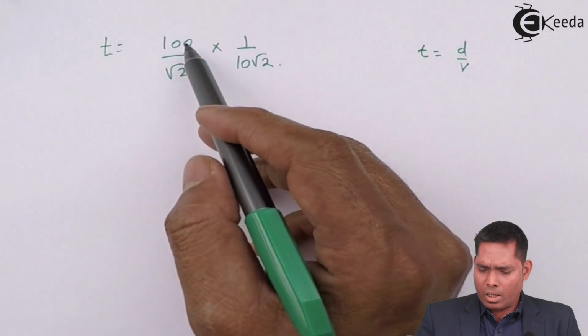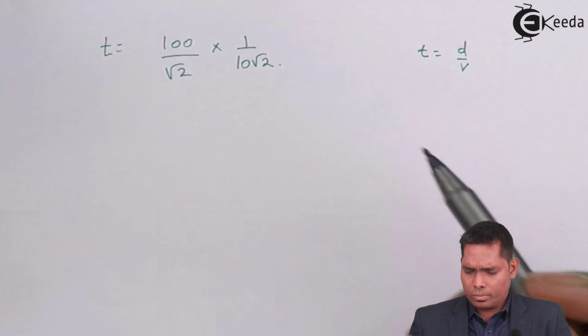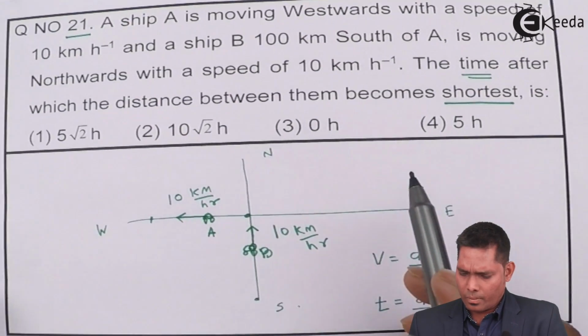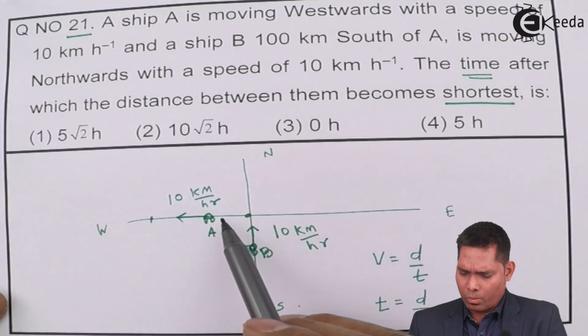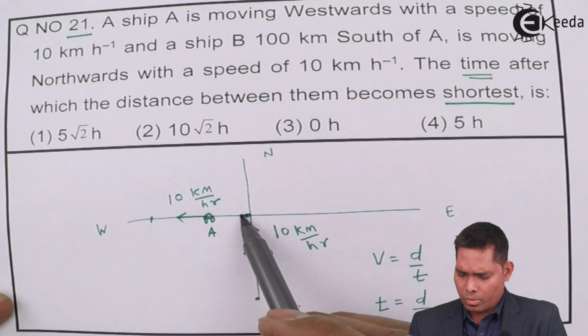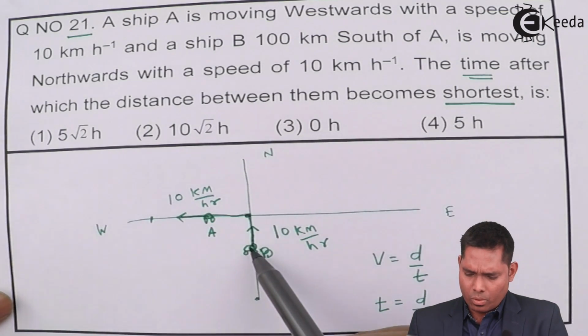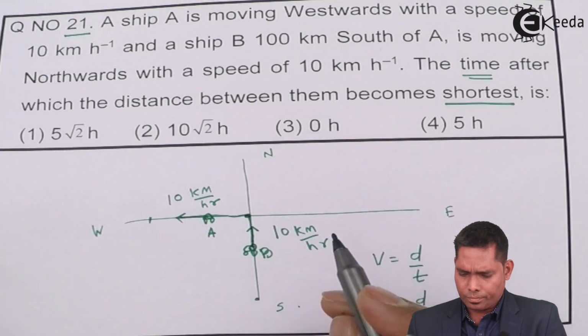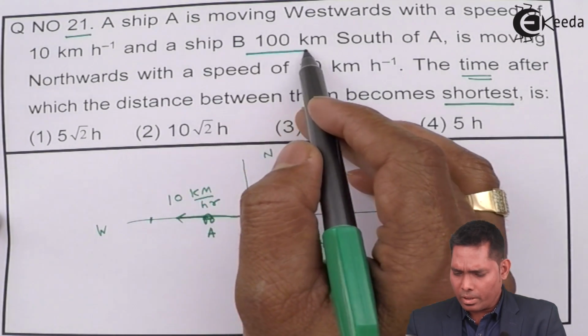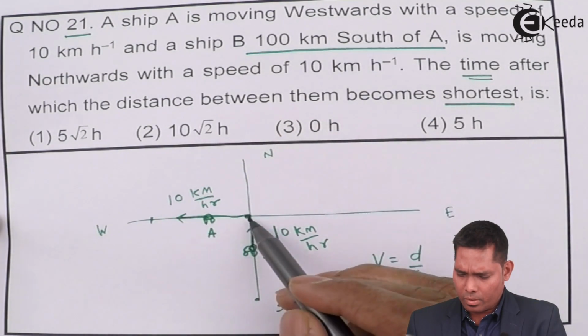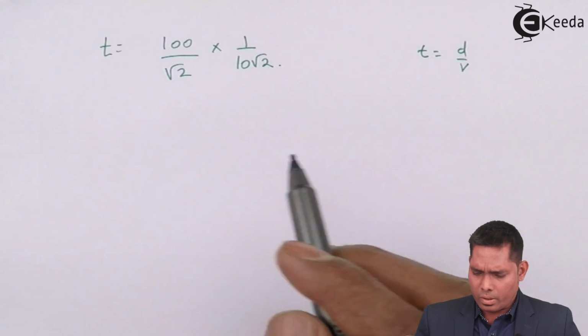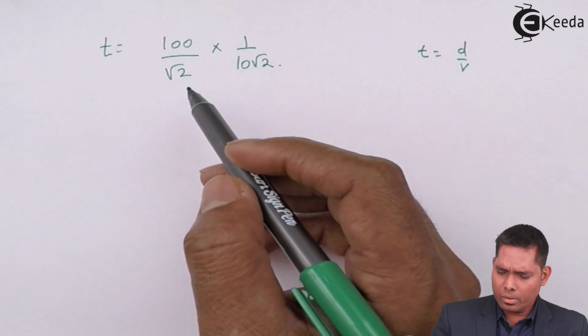The distance is 100 over root 2, since this is 100 kilometers.